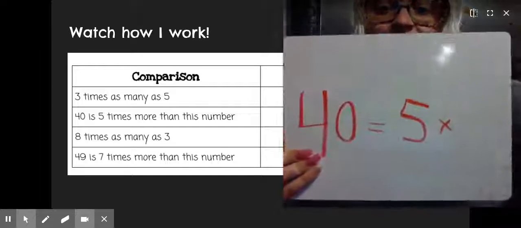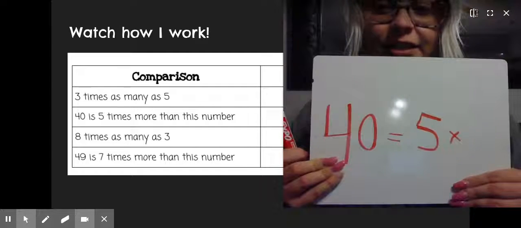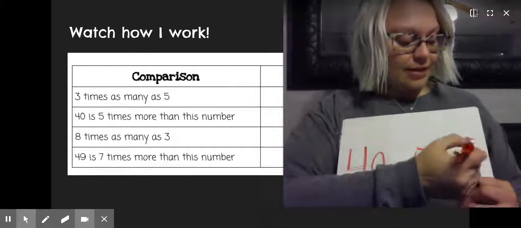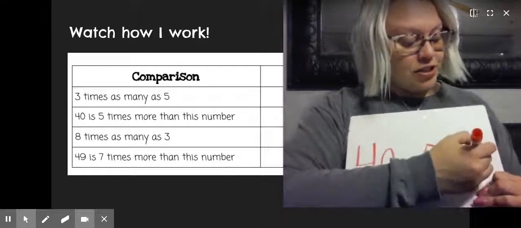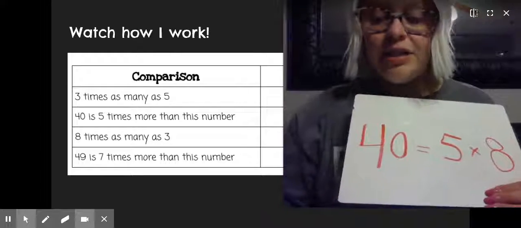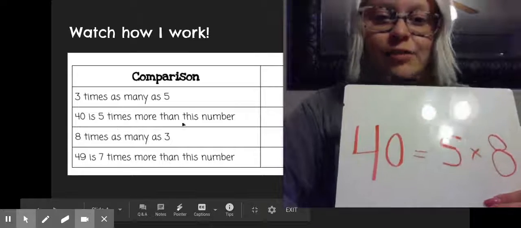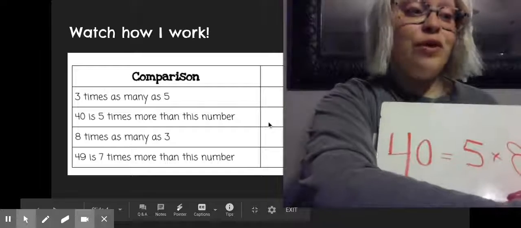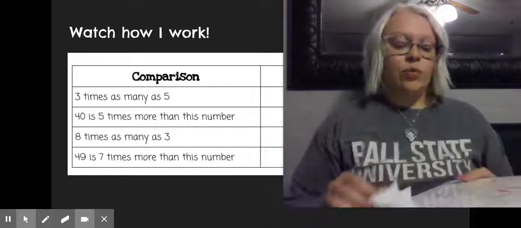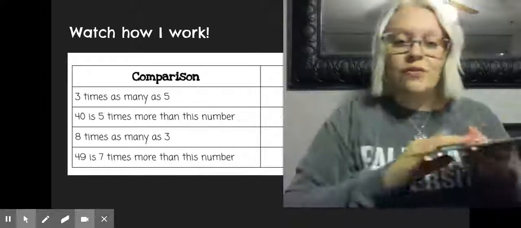So basically what I'm asking is 5 times what gives us 40? 5 times 8, exactly. So we're just starting very simple, and I'm helping you figure out how to turn a short word problem like this, 40 is 5 times more than this number, into an equation like this. And once we put the numbers into the equation, as long as we know our multiplication facts, then we can solve.